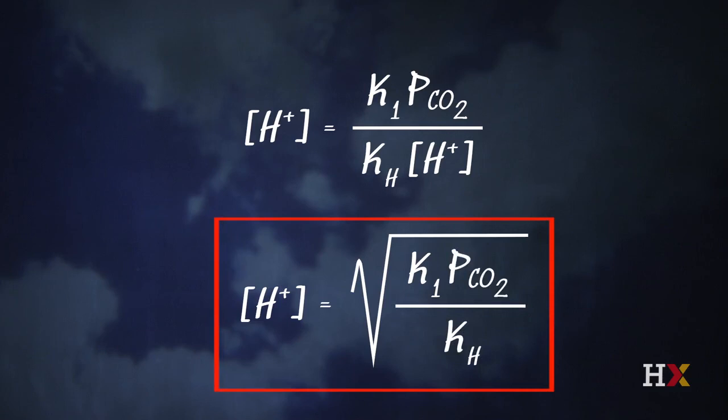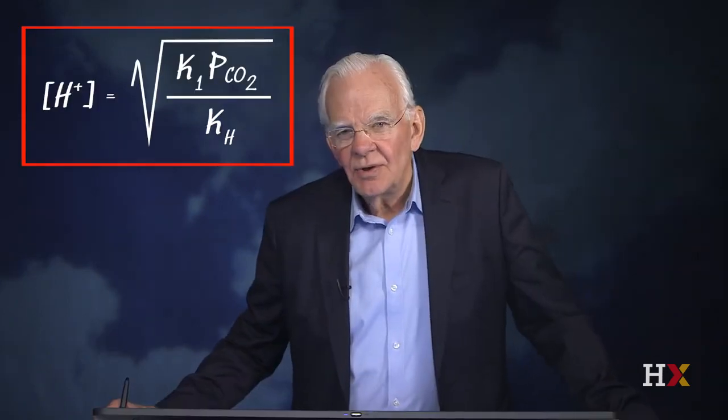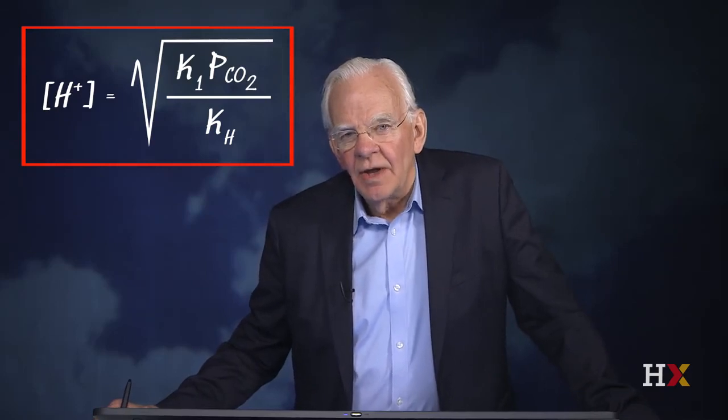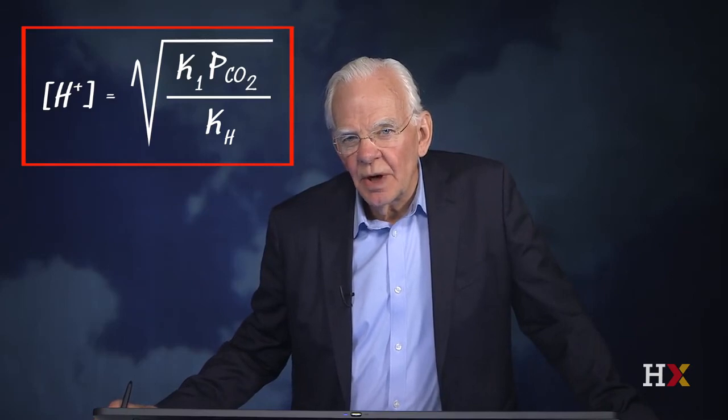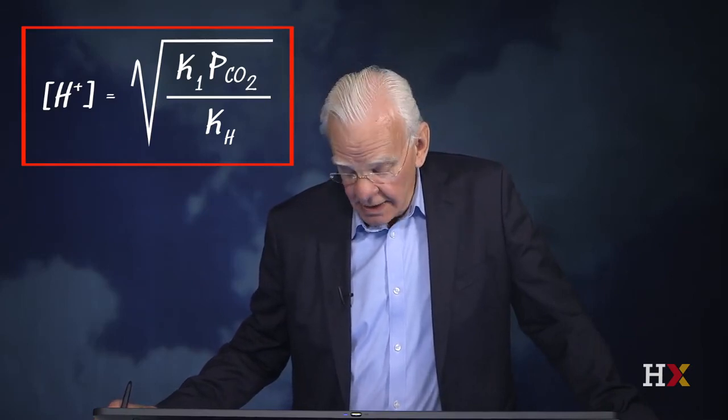That is a remarkable conclusion because it says that if we increase CO2 in the atmosphere, the H plus, the acidity in that rainwater, is going to increase as the square root of the pressure of CO2.